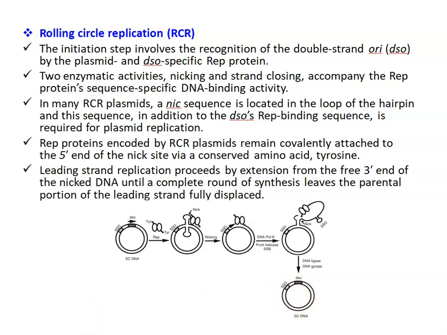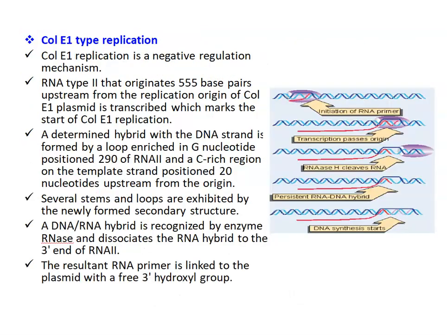To complete the replication process, the displaced leading strand is subsequently converted to double-strand DNA by using single-strand ORI and solely host-encoded proteins. Now, the second mechanism is Col E1 type replication.